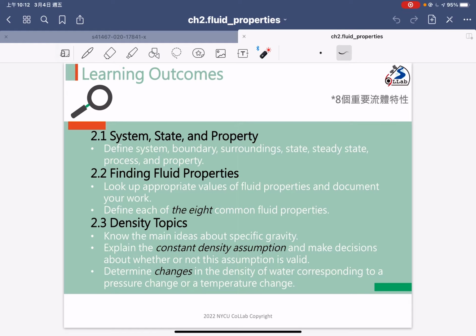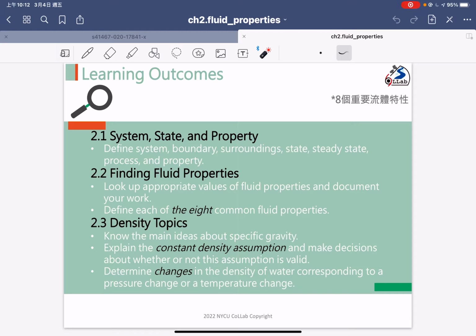So if we move to the next, totally we only have 8 fluid properties we'll teach in this class. So totally we only have 8 common fluid properties, and today I will introduce all of them. One important property is density related topics.